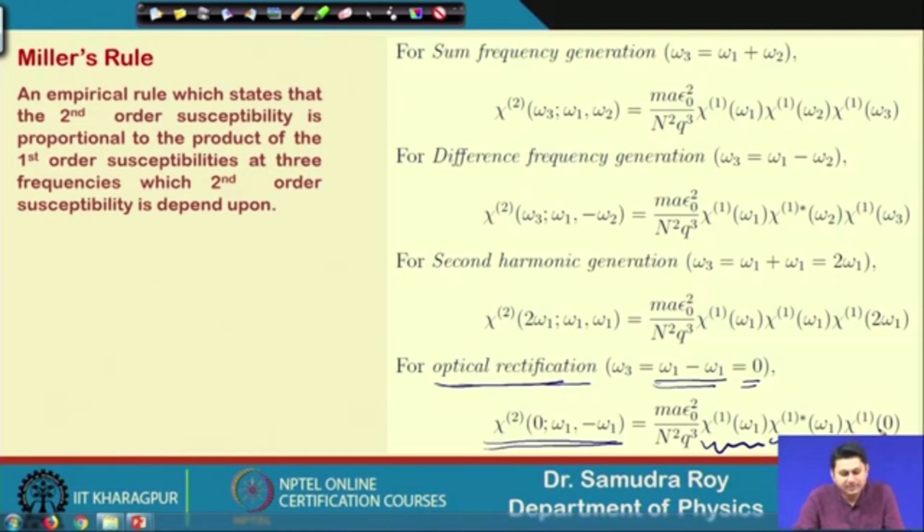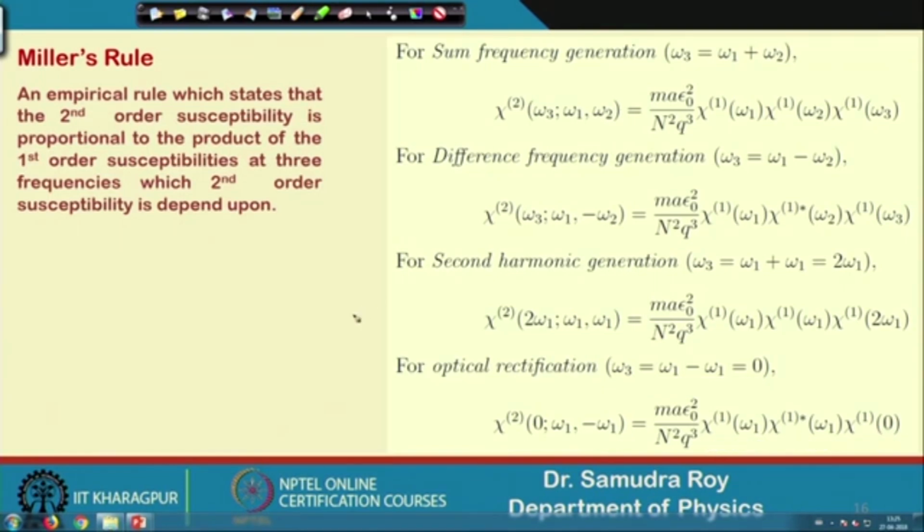So, you can see that Miller's rule suggests that if you know the first order susceptibility at some frequencies, then by combining these frequencies we can generate the second order susceptibility, and you just need to multiply by some constant multiplier. So, with this note I would like to conclude.